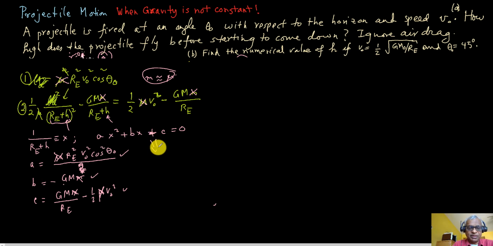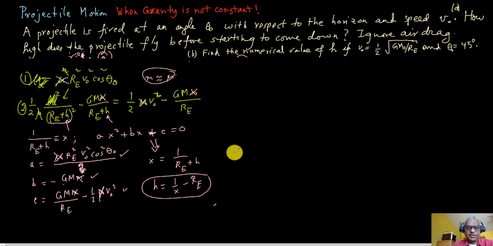And then you can clearly solve this for x, and x is equal to 1 over RE plus H, and so you can see H equals 1 over x minus RE. So that's the final answer.